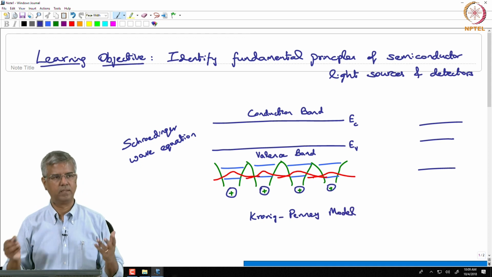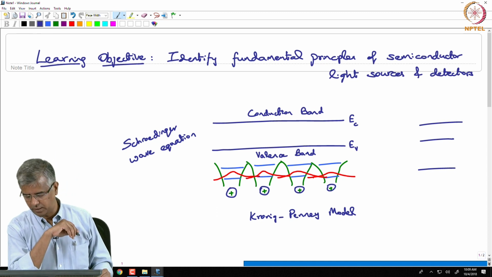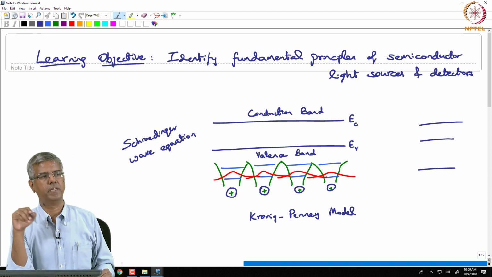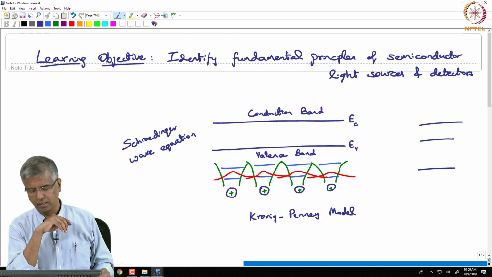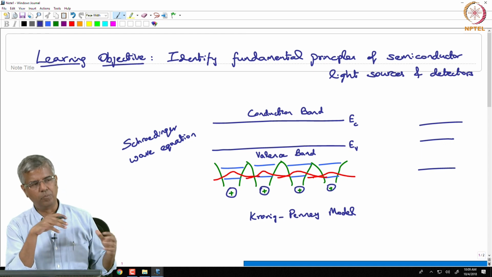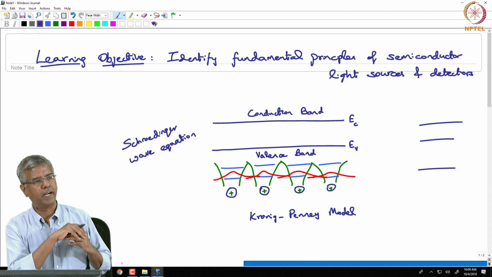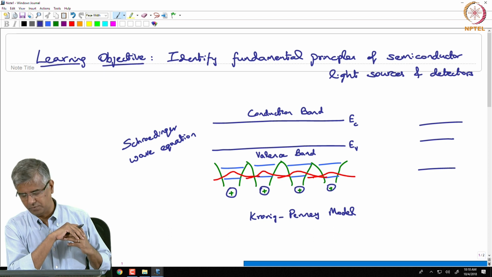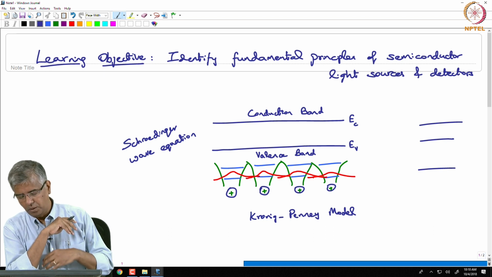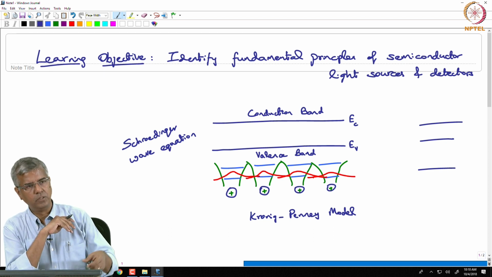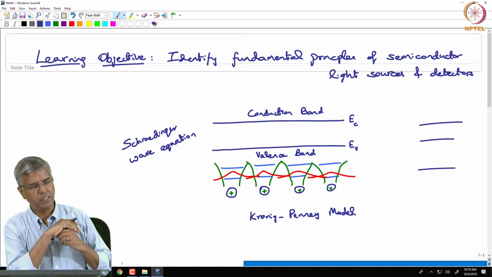It is clearly named after a couple of scientists by name Kronig and Penny, who came up with this brilliant idea of modeling this collection of atoms and modeling how the electron transport happens in this collection of atoms. So with this model, you solve Schrödinger wave equation.